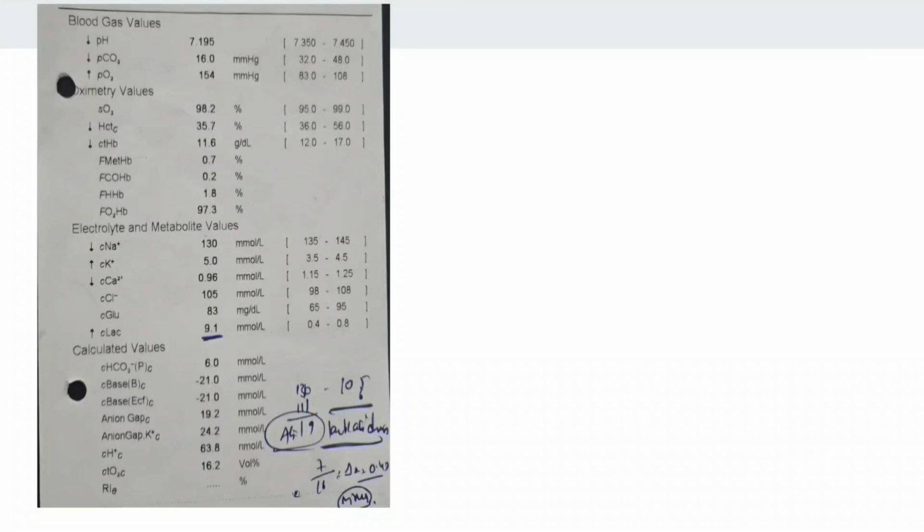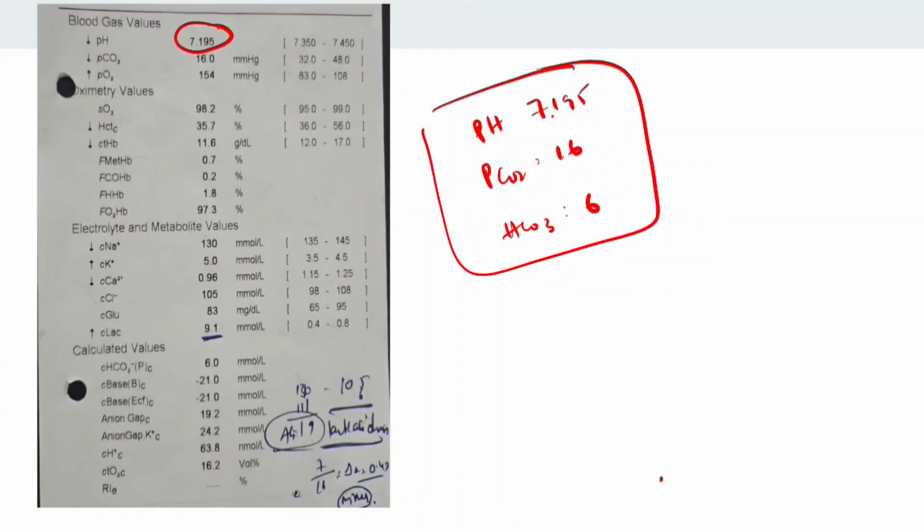So let's look into this ABG. Here the pH is 7.195, PCO2 is 16, and HCO3 is 6. Let's find what it indicates. The pH is 7.195, so it is obviously acidic.